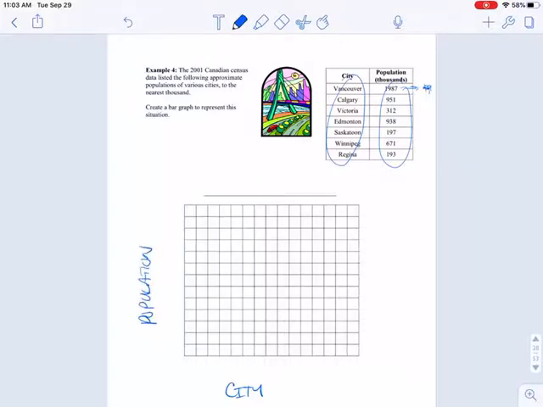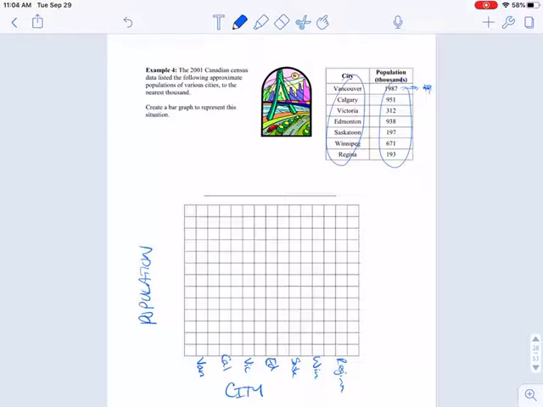And let's graph this. So Vancouver will be in this column. Calgary will be in that one. Victoria will be in that column. Edmonton, Saskatoon, Winnipeg, and lastly Regina.